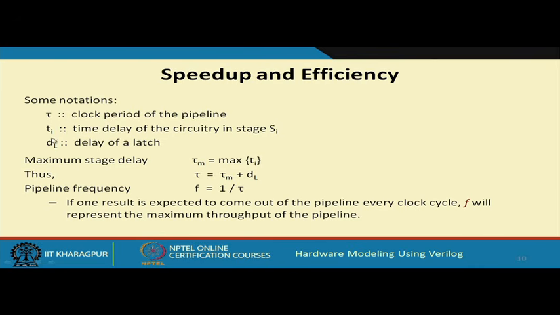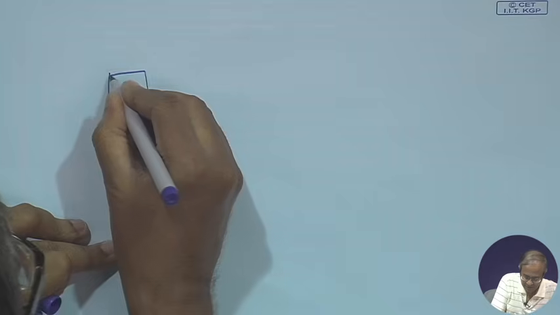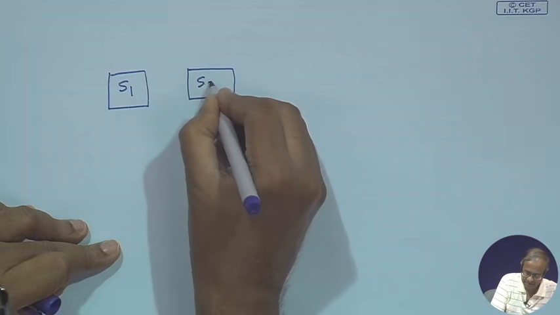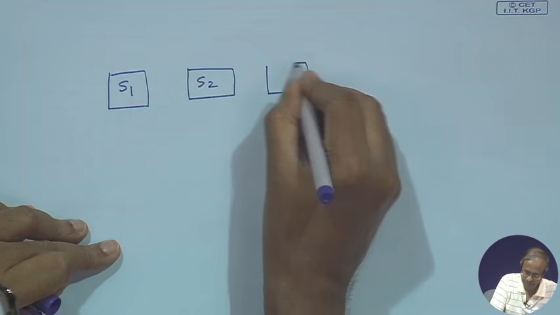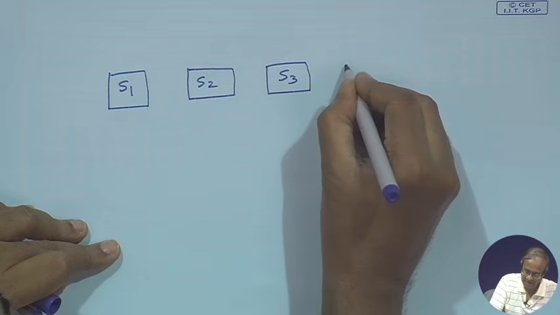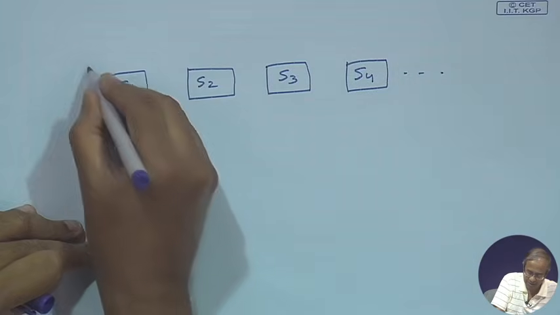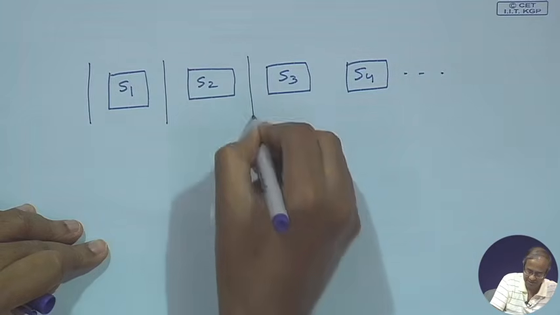So, some notations: let tau denote the clock period of the pipeline, Ti is the time delay for stage Si. Let us say we consider a pipeline like this, we have stage S1, S2, S3 and so on, and there will be latches in between the stages.